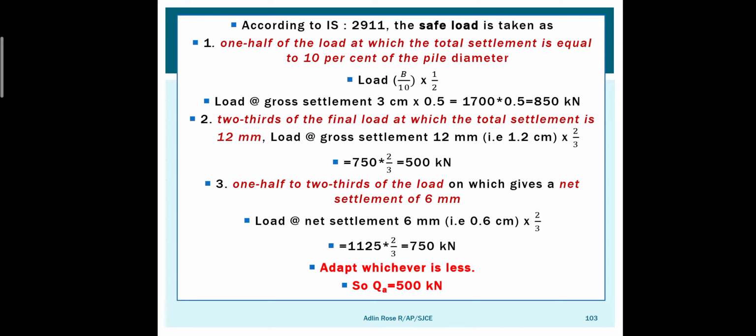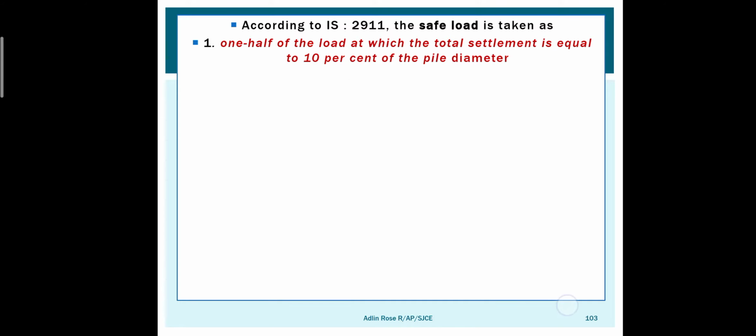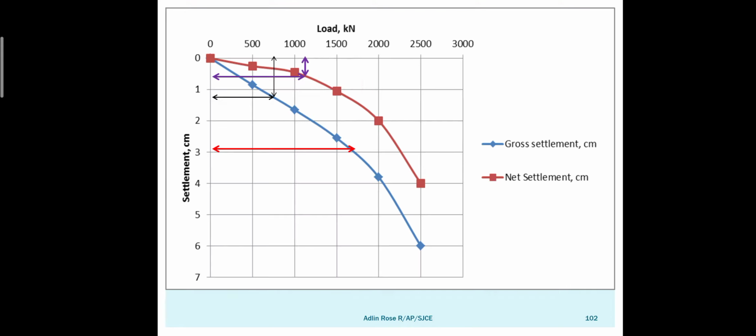So three methods are there. First method is finding the load corresponding to the settlement of 12 mm, which here is 1.2 centimeter. So the load is going to be something like 750. So multiply the 750 by 2 by 3.